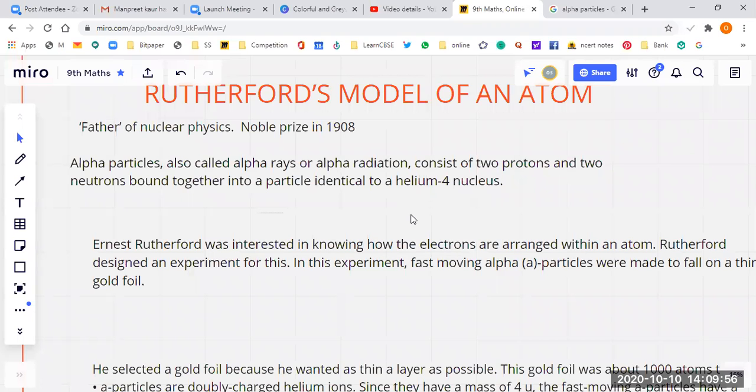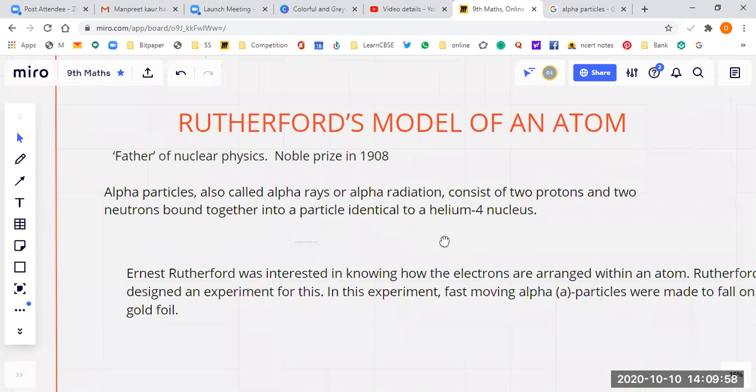Students, we studied J.J. Thomson's model of the atom yesterday. J.J. Thomson discovered electrons.